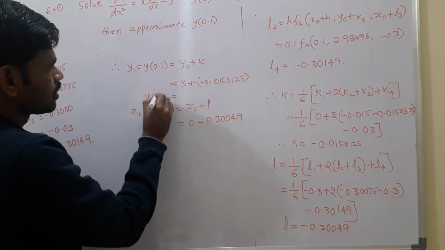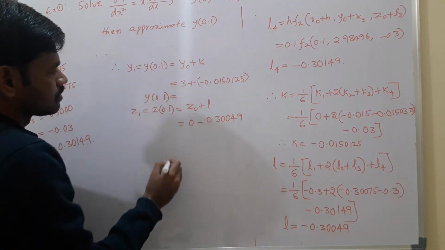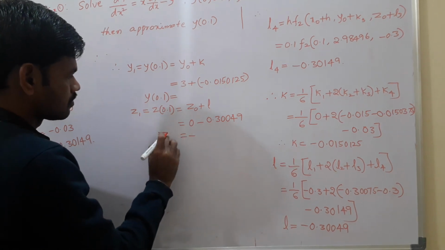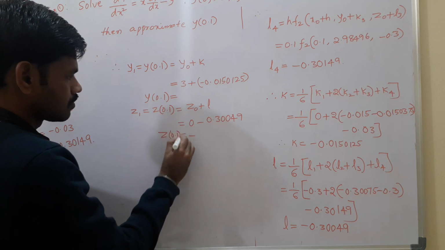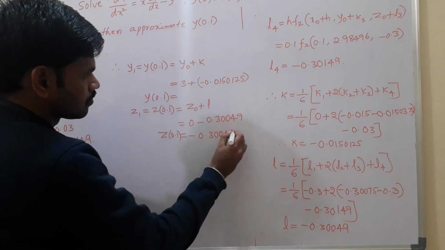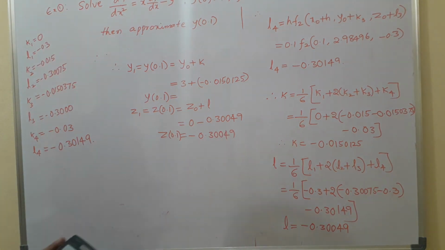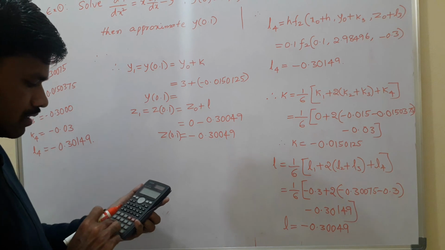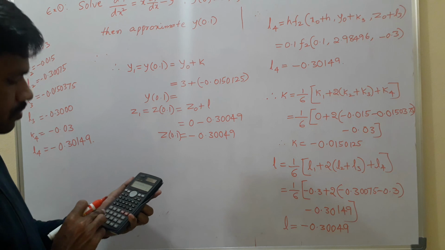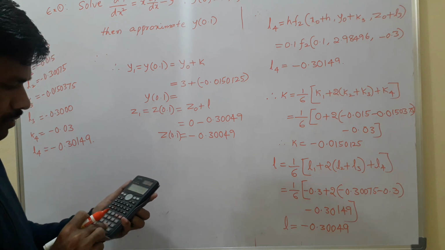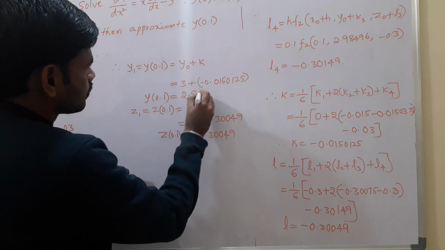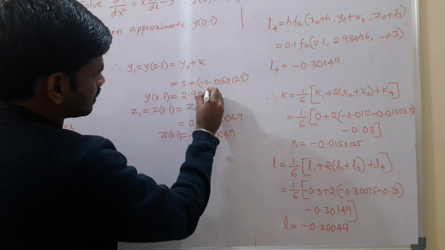Therefore y of 0.1 is 3 minus 0.015025, equal to 2.98498.